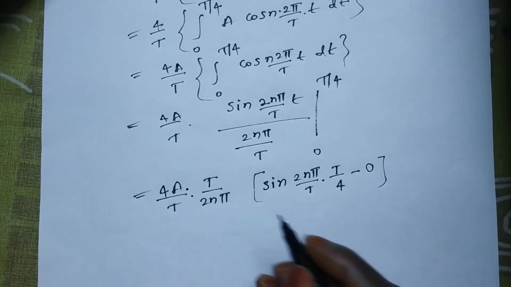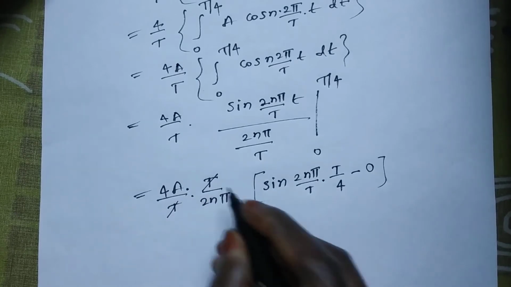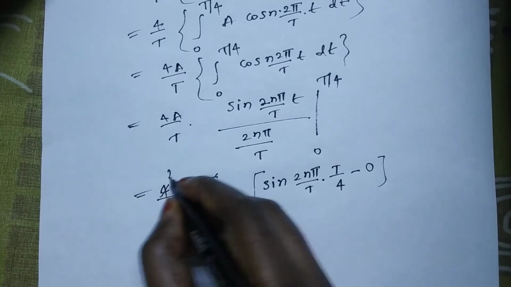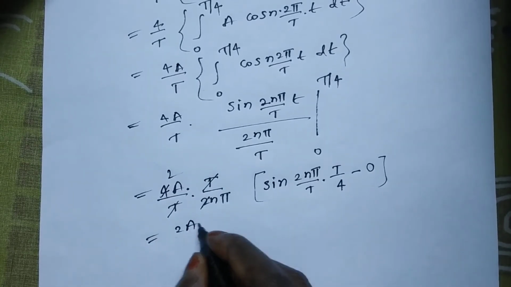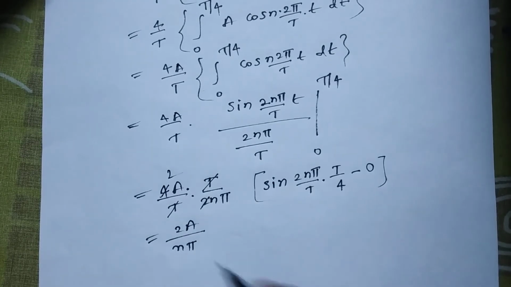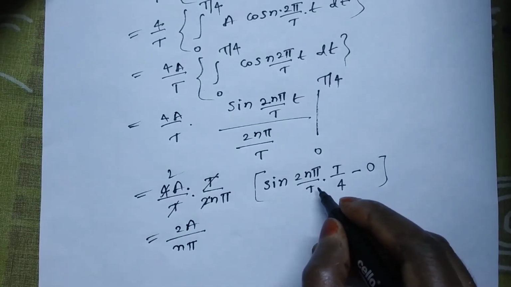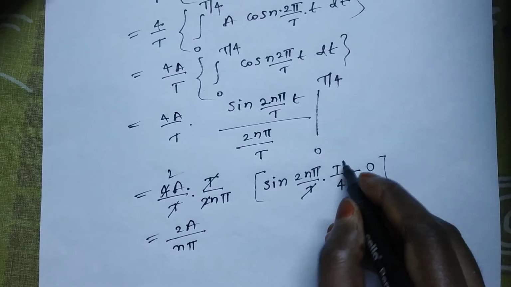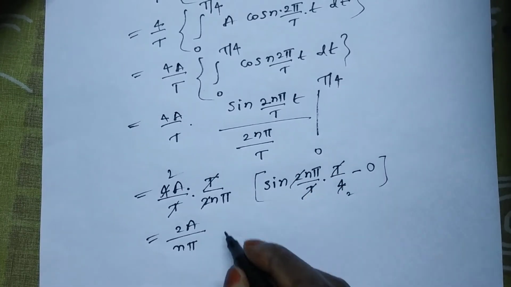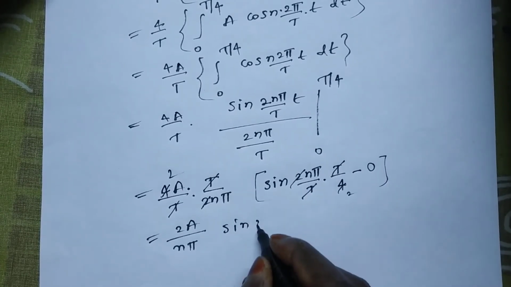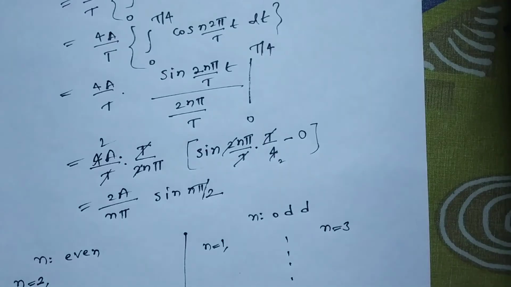Do the simplifications if any. T gets cancelled, and 2 ones and 2 twos. Here you got 2A by n pi, and you got sin n pi by 2.